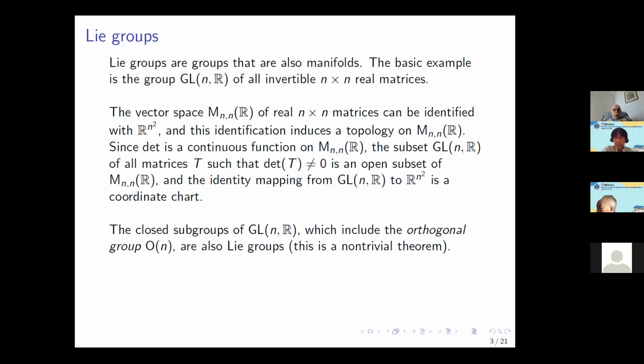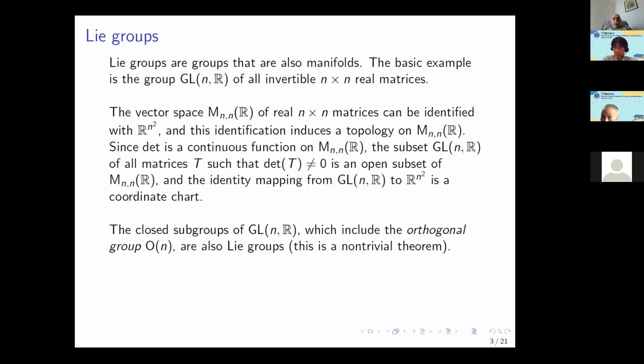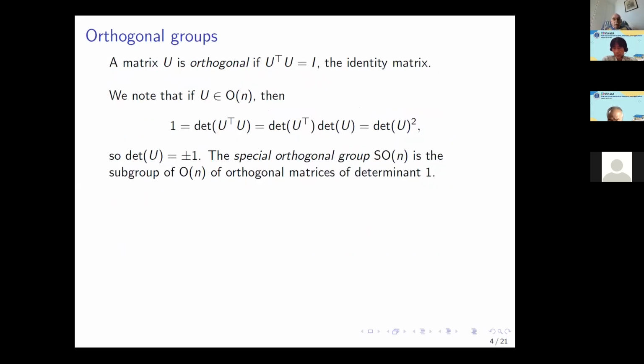The closed subgroups of GL_n(R) are also Lie groups. This is a slightly difficult theorem, so I'm not going to prove it, but I'm going to mention that these include the orthogonal groups, which are called O(n). So O(n) is the collection of all matrices that are orthogonal.